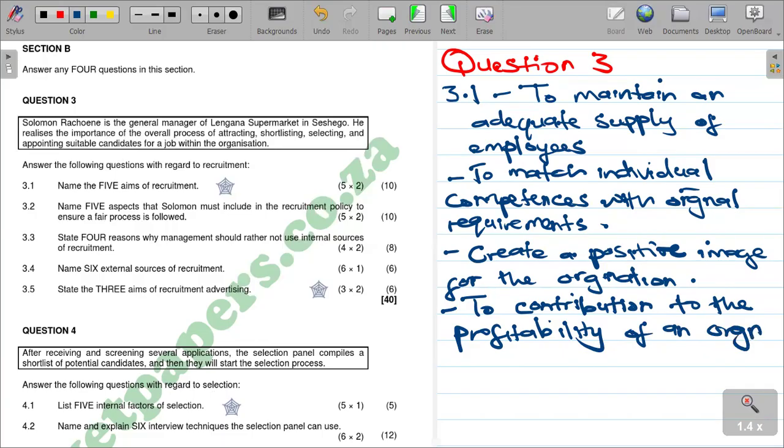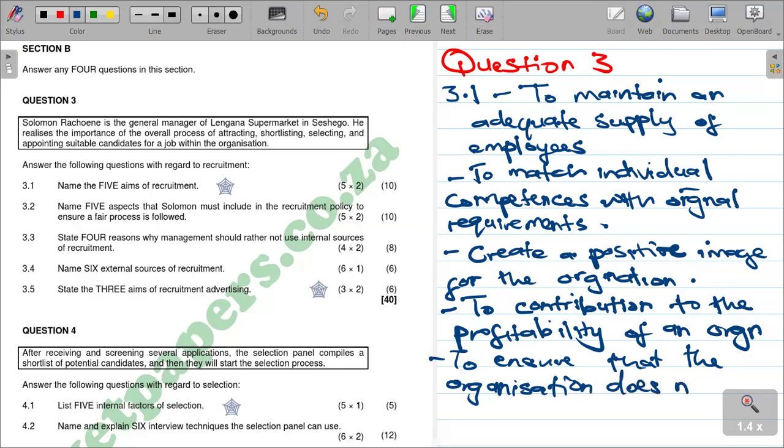And lastly, to ensure that the organization does not lose out to quality candidates.